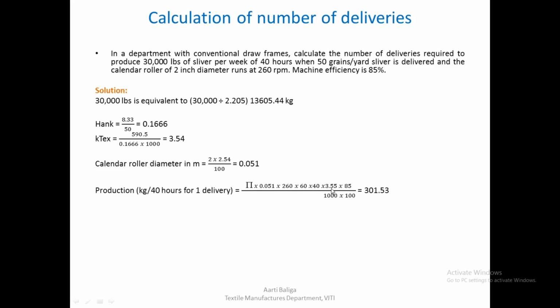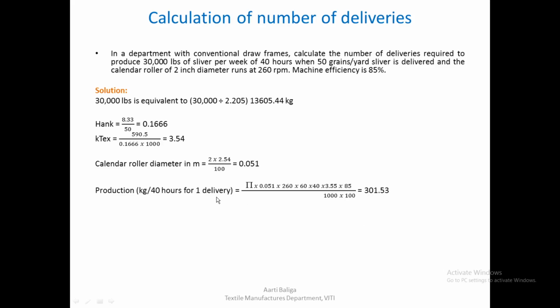When I multiply that by 3.55 kilotex divided by 1000, which is the Hank that is given to us, I get the answer in kgs per 40 hours for one particular delivery. When I use efficiency, I get the answer as 301.53.